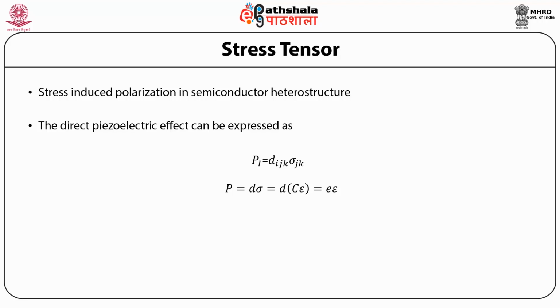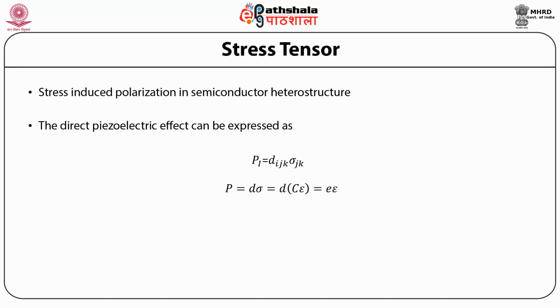So using the repeated index notation, it can be written in a much simpler and compact form as Pi is equal to Dijk sigma jk, where as usual there is an implied sum over both the indices j and k on the right hand side. It is useful to relate the polarization field P to the strain epsilon.